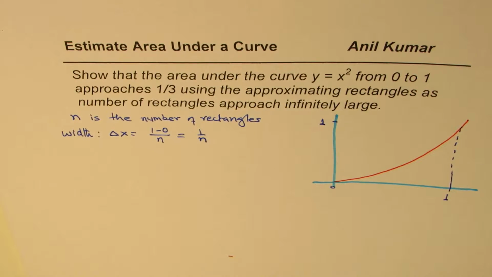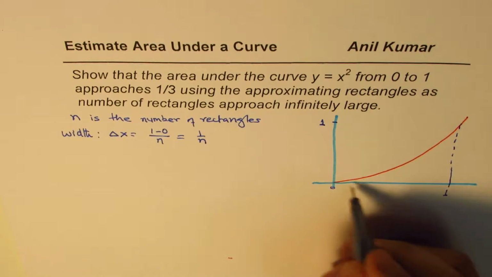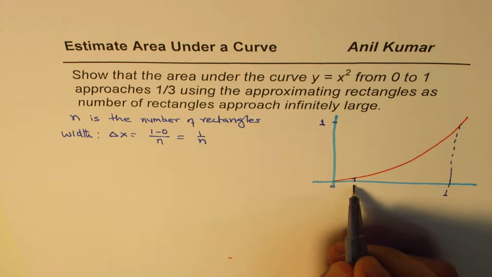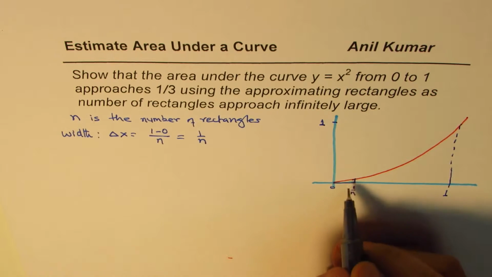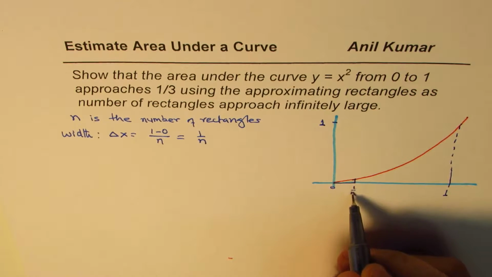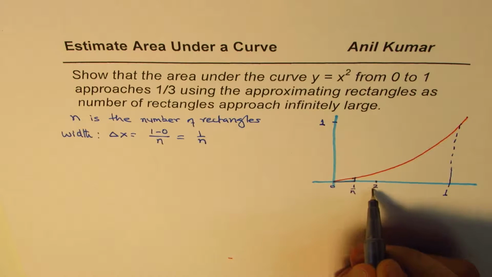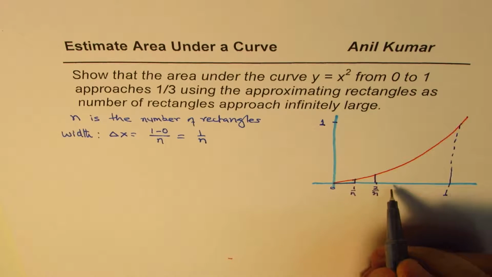What I'm trying to say here is that, let's say this is my first rectangle. I'm just making it bigger so that we can see clearly. From 0 to 1 over n, that is the width of my rectangle. The next rectangle will again be 1 over n away, so it'll be here. That'll be 2 over n. So at 2 over n, I will have another rectangle, correct?